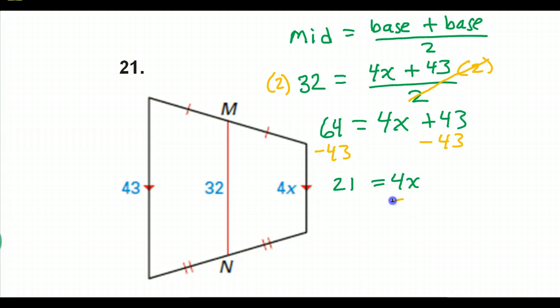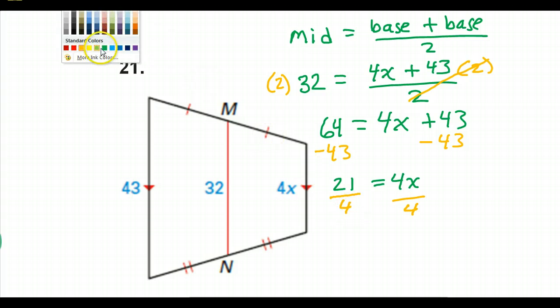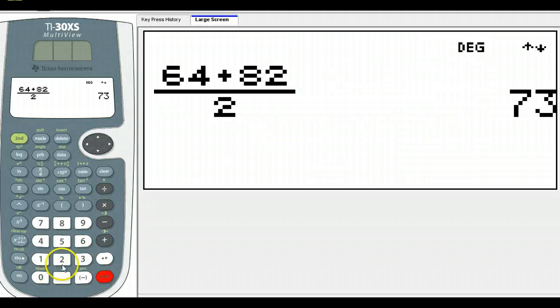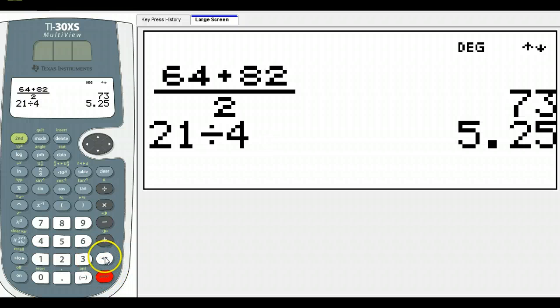Alright, dividing both sides by 4. Okay. That's 5.25.